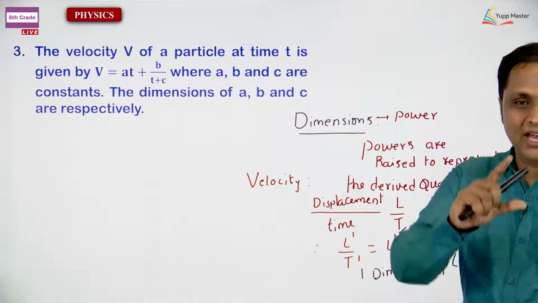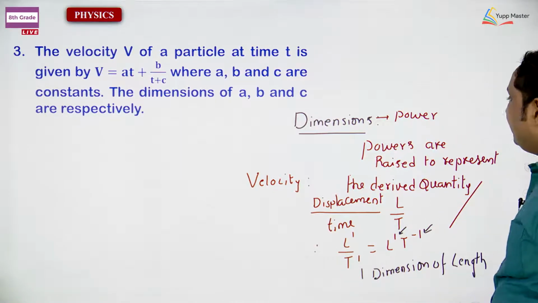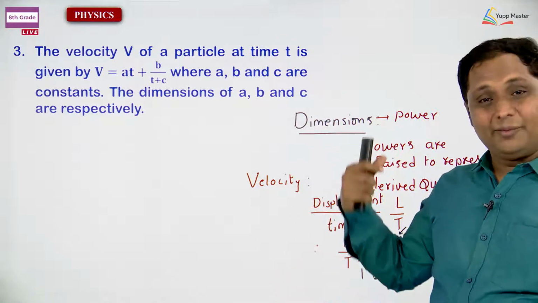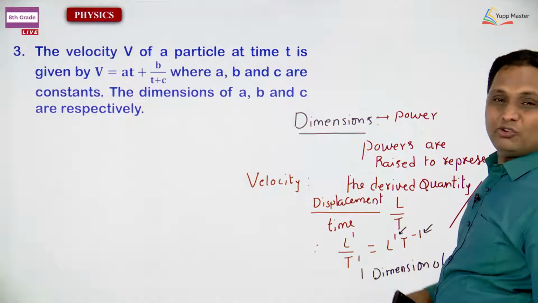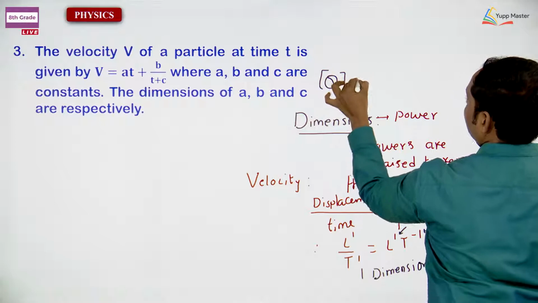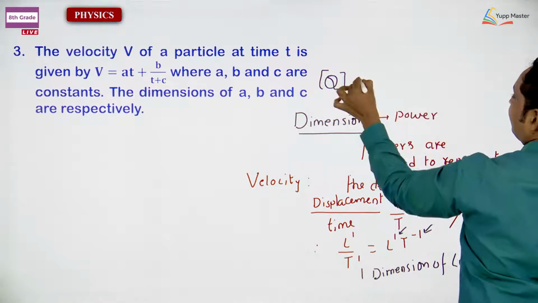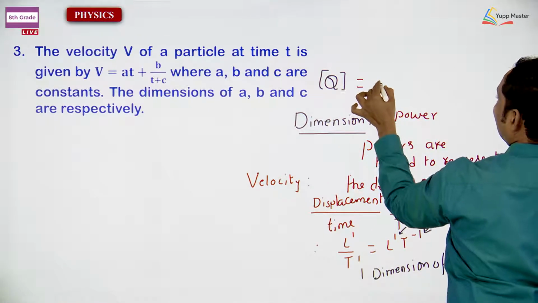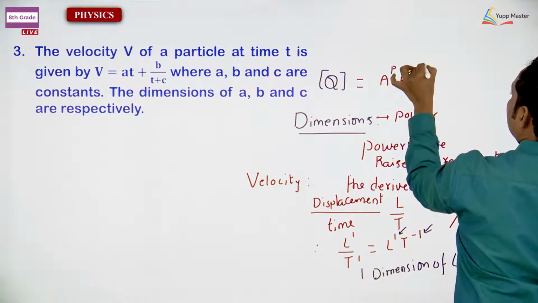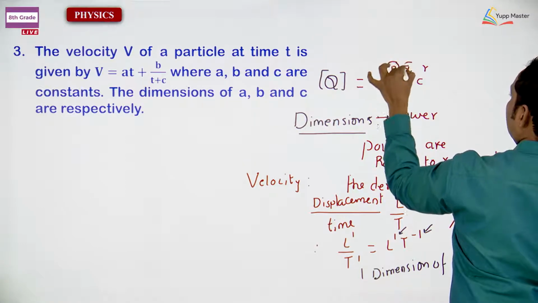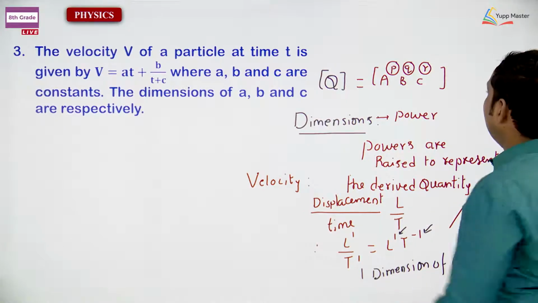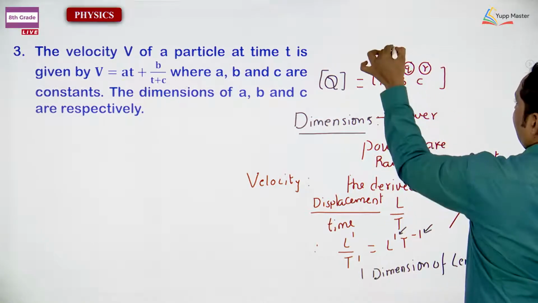All right, it is very clear, we have this topic and you can easily understand this dimension concept. The powers are going to be raised. In the general expression, we take Q as the derived quantity, expressed as A power P, B power Q, C power R. So these are the dimensions.